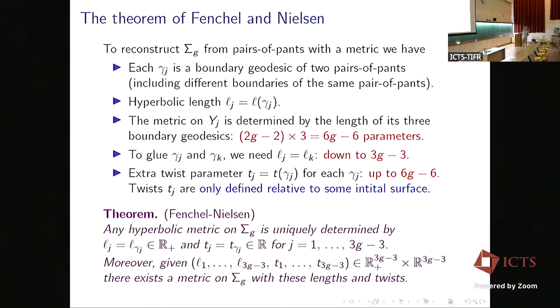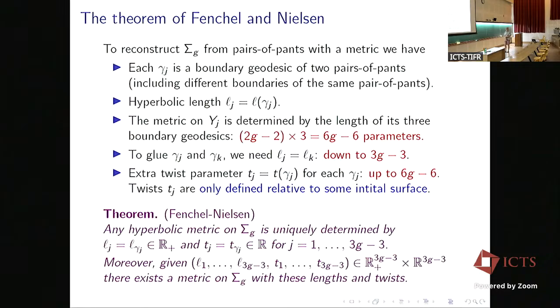But then, of course, I remember that I have to glue. And so that means I have 3g minus 3 gluing equations that say that some of the lengths need to be the same. But then that difficulty is compensated for by the fact that I have a twist parameter for each of the boundary components.